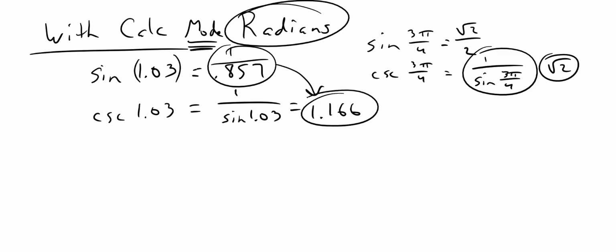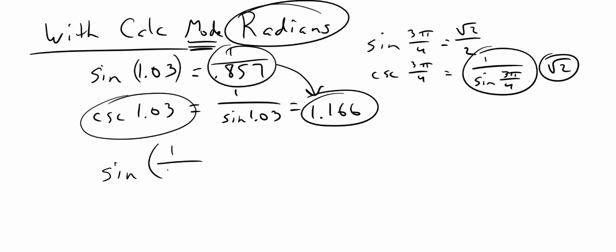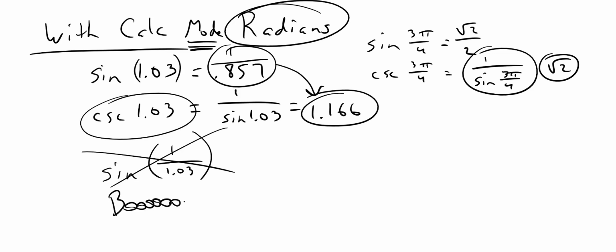All right, now I'm going to show you what not to do. This is a really, really bad thing. If I ask you to do this, sine of 1 over 1.03, this is a horrible thing to do. Boo, boo. Okay, do not do that. That's terrible, because that's like saying, what's the sine of pi over 6?